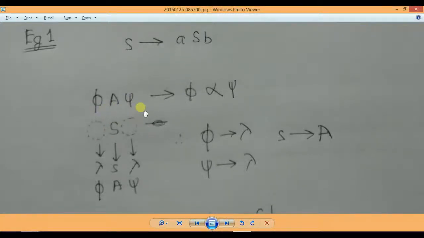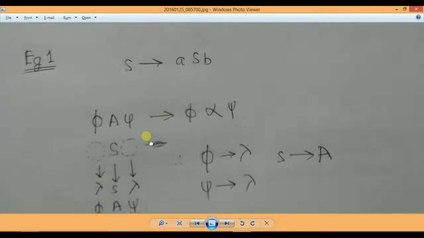Phi A psi, and nothing, S, again nothing. I stated just now that A is a variable and variable is capital letters, and this has a capital letter, and phi and psi are terminals actually, so they will always be small letters, so there are no small letters. That's why we can assume that it's blank before S and blank after S. Now what is blank?